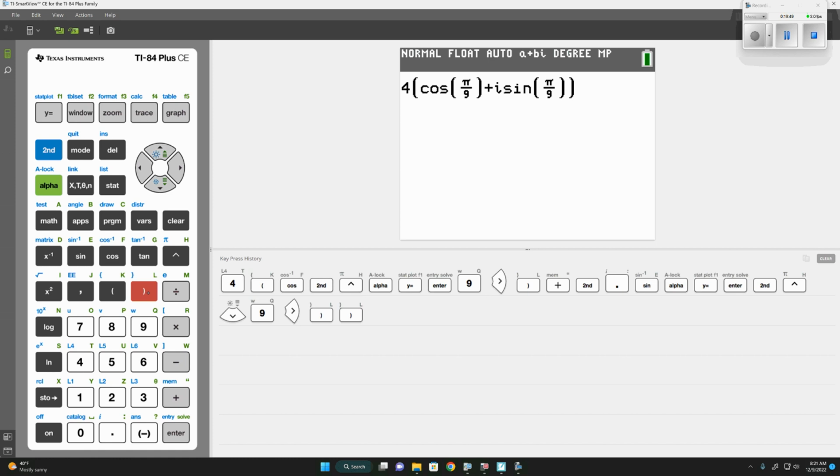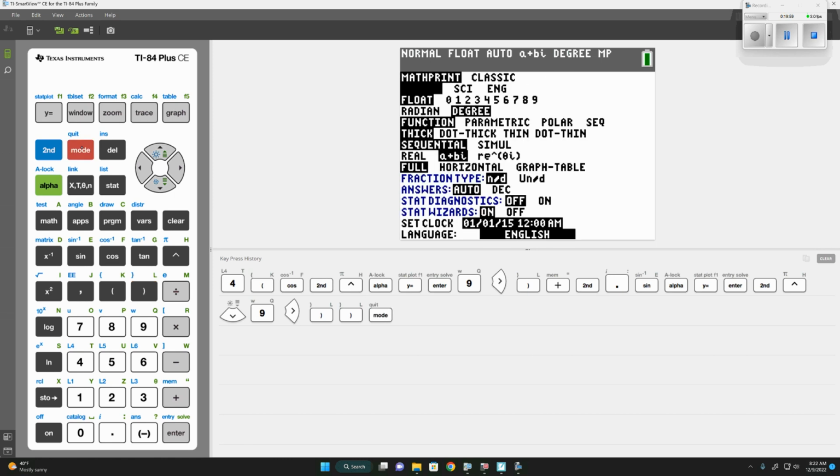I can type the whole thing in to get an answer. Now, it's not going to give me the correct answer if I just hit enter because the calculator is in degrees, not radians. So I do need to fix that first.